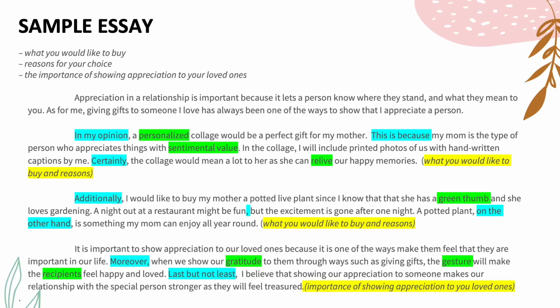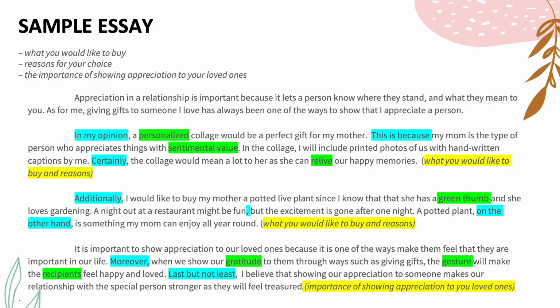Appreciation in a relationship is important because it lets a person know where they stand and what they mean to you. As for me, giving gifts to someone I love has always been one of the ways to show that I appreciate a person. In my opinion, a personalized collage would be a perfect gift for my mother. This is because my mom is the type of person who appreciates things with sentimental value.